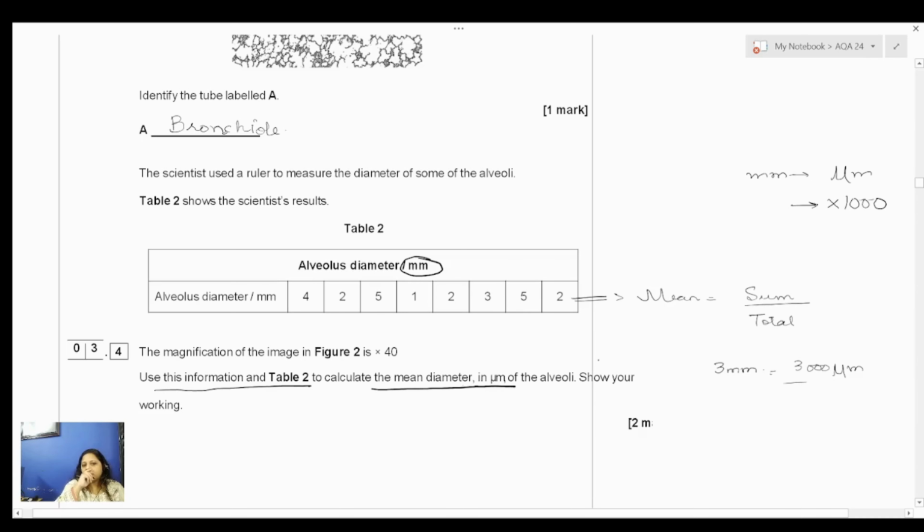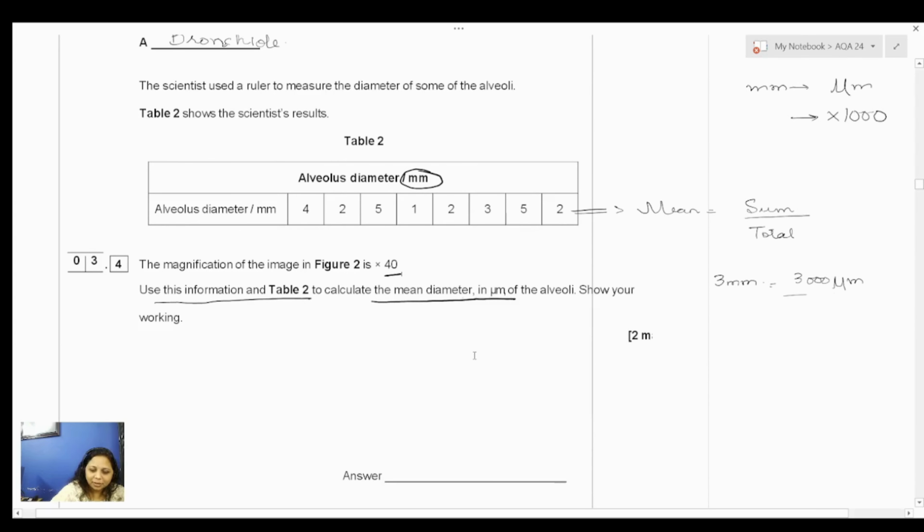Now, what we need to calculate is the actual diameter. So how to calculate it? We divide it by the magnification. So actual size is equal to image size divided by magnification.